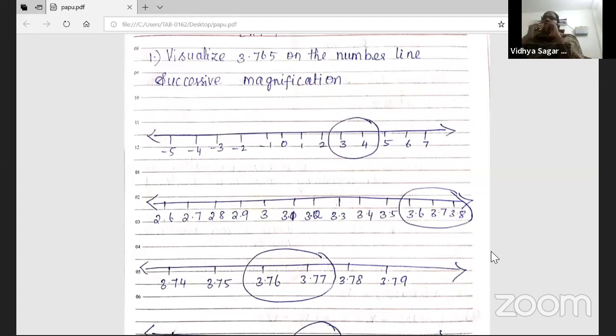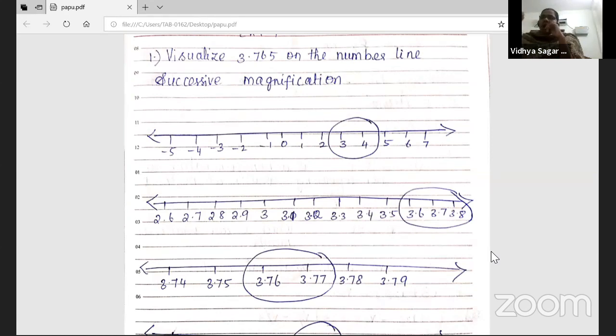Next, I'm going to split the interval into 10 parts. That means 3.1, 3.2, 3.3, 3.4, like that. So 3.765 will come between 3.7 and 3.8, on the right hand side.